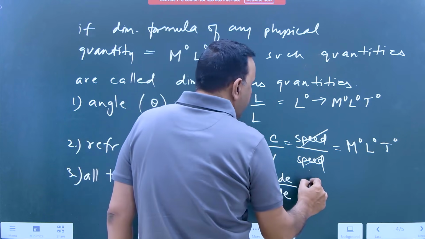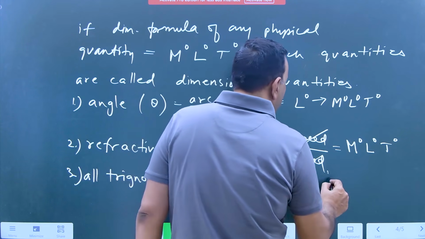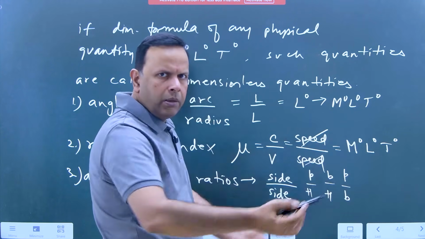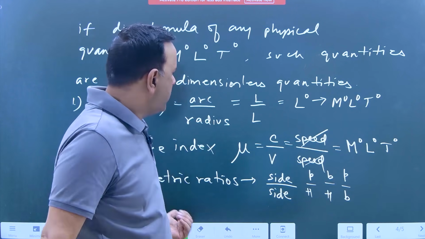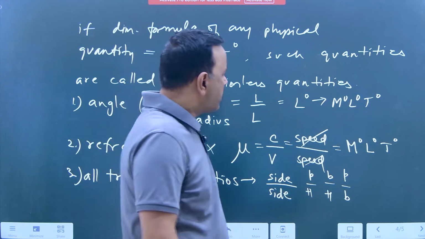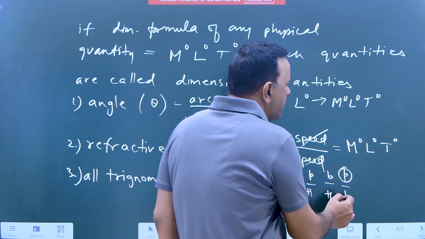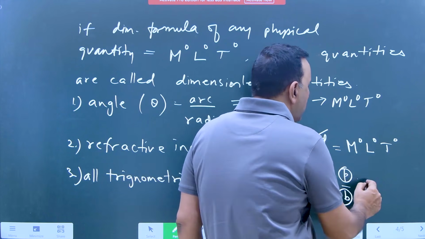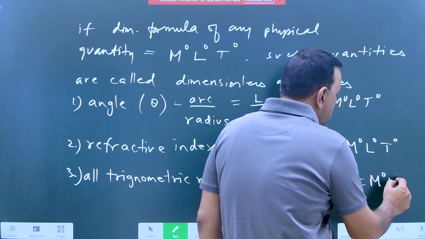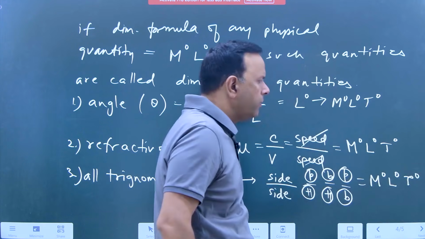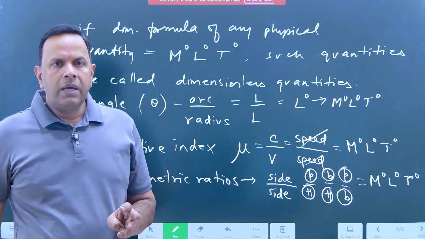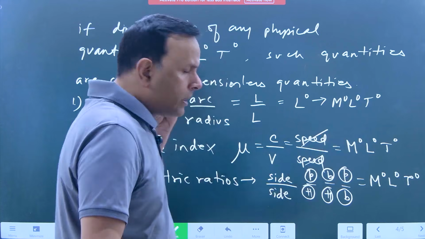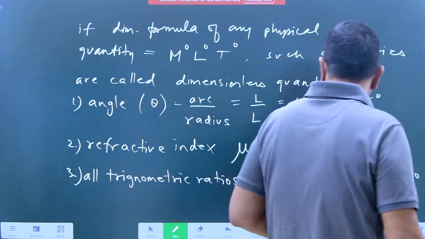That can be perpendicular upon hypotenuse, base upon hypotenuse, perpendicular upon base, and three more such pairs can be made, right? In all these fractions, the numerator and the denominator have the same physical quantity, distance upon distance. So all of them should be M0 L0 T0. So angle is dimensionless, refractive index is dimensionless, trigonometric ratios are dimensionless.